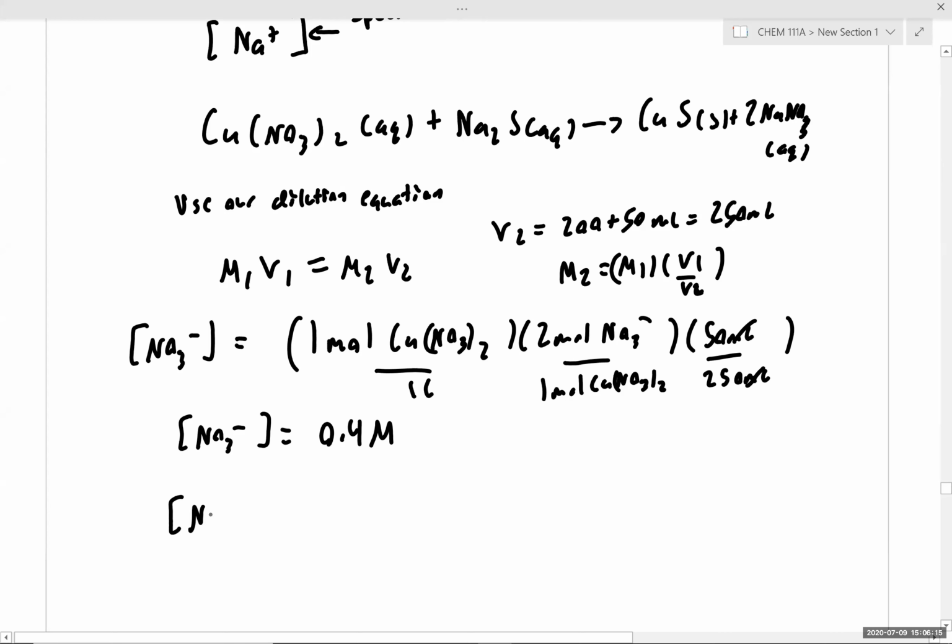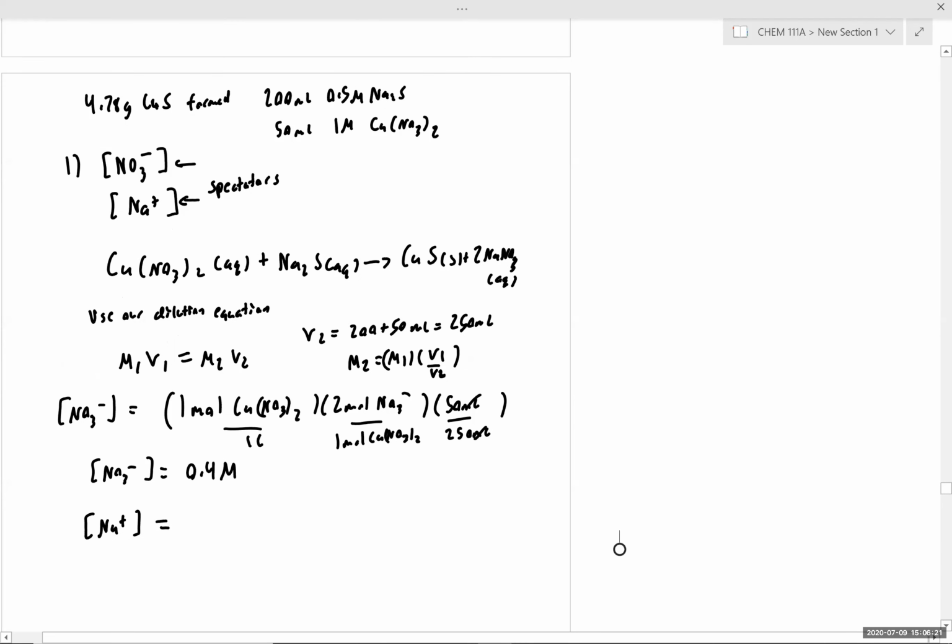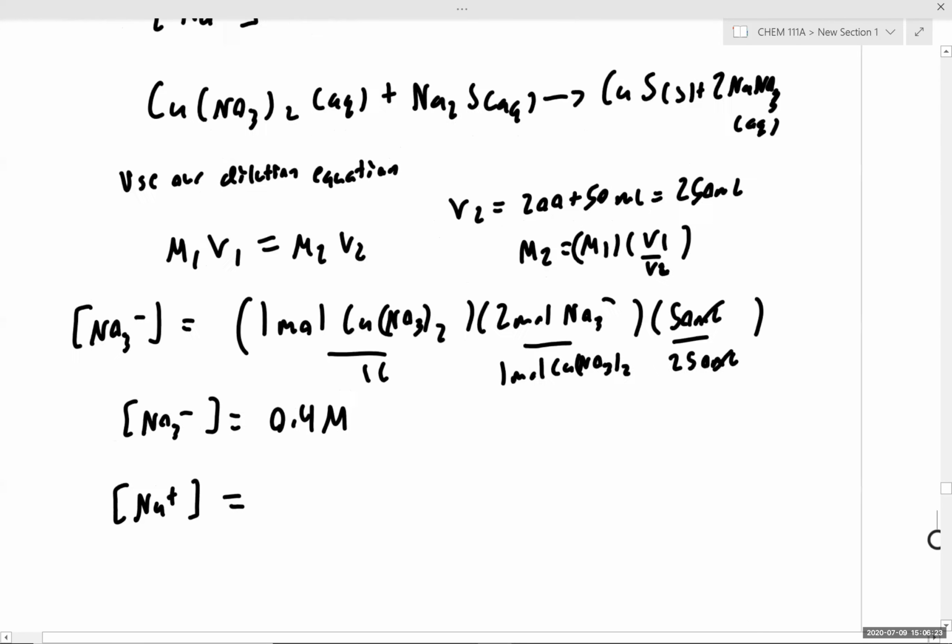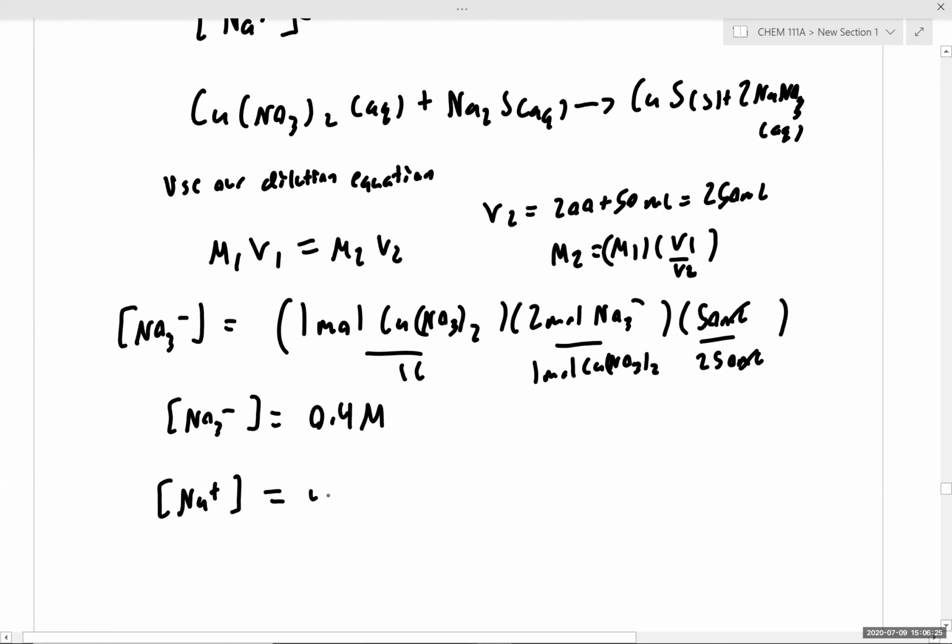Let's repeat the same calculation for sodium plus. So we have 0.5 moles of sodium sulfide per 1 liter. We know that we have 2 moles of sodium plus per mole of sodium sulfide.